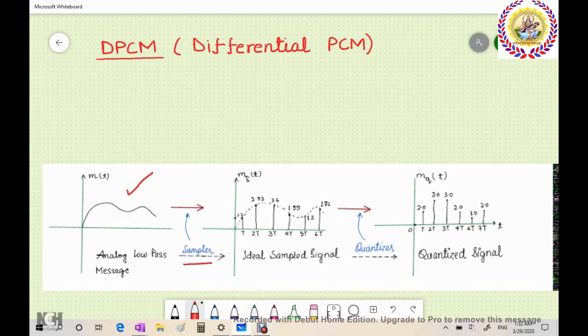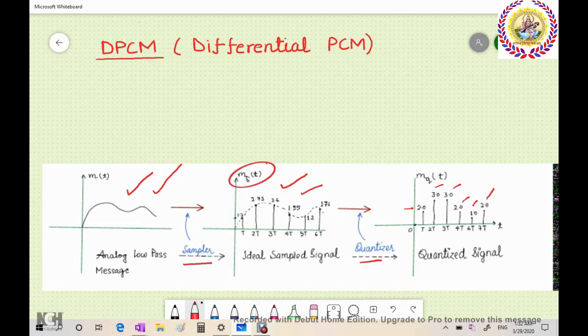The sampler converts this continuous signal into discrete sample values, and after that these samples pass through a quantizer, which converts them into an equivalent quantized value as per the requirement of the system. Let us suppose the values 2, 3, 3, 2, 1 and again 2 are the quantized values for m(nΔt).